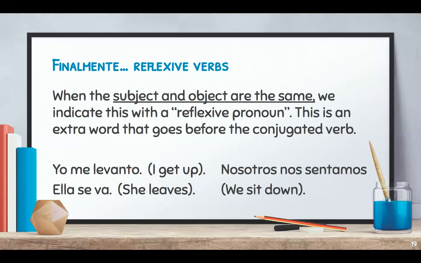Yo me levanto, I get up. Ella se va, she leaves. Nosotros nos sentamos, we sit down. So you can see there the verb, like levanto, sentamos, but there's this extra piece before it, and that corresponds to the subject pronoun. It just tells us that the subject and object of the sentence are the same.